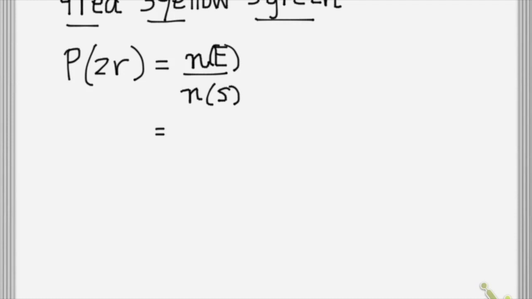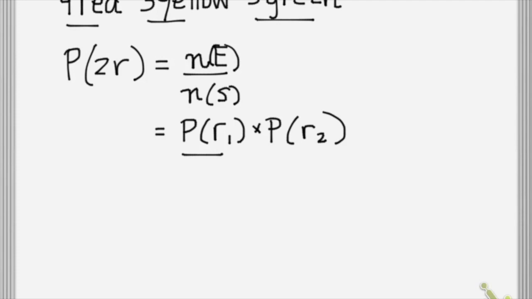The way that I'm going to do it is I'm going to say the probability of 2 red is equal to the probability that the first marble is red times the probability that the second marble is red. So when I have a probability that involves 2 subsequent events, or if there are 2 parts to the question, I can find the probability that both events will occur by doing the probability of one times the probability of the other.